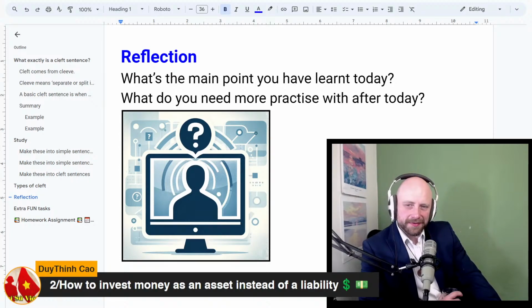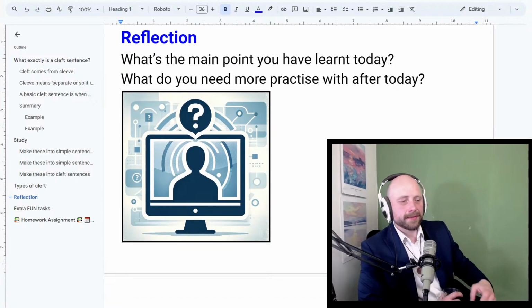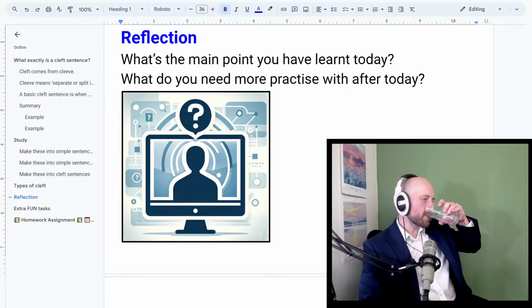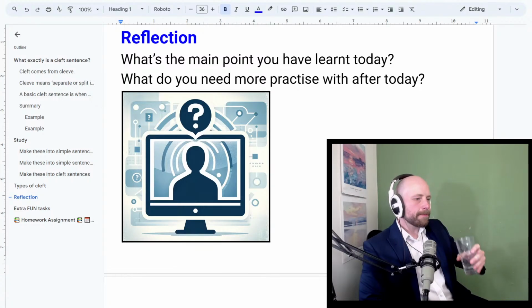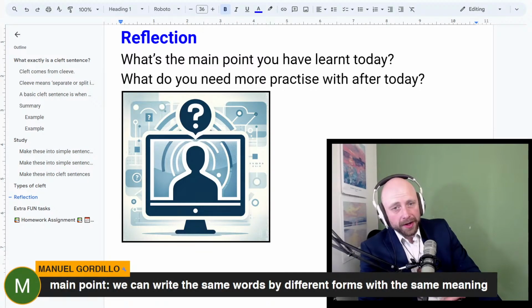Oh, you want to learn how to invest money as an asset instead of a liability. Have you been reading Rich Dad, Poor Dad? Oh, yes, Manuel.